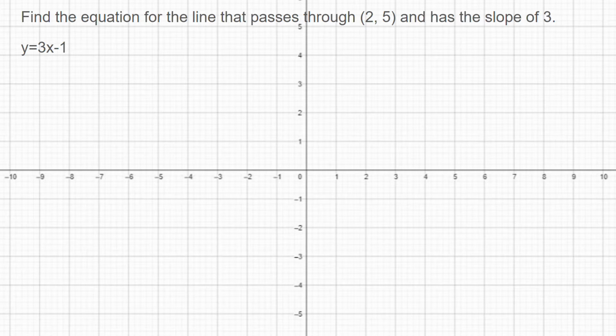If we graph that, we use the y-intercept, which is -1, or (0, -1), and again we have the slope, rise 3 over run 1. If we connect that, we get this line, and we know that this line is the same as the line we got earlier because it has a slope of 3, rise 3 and run 1, and it also passes through (2, 5).